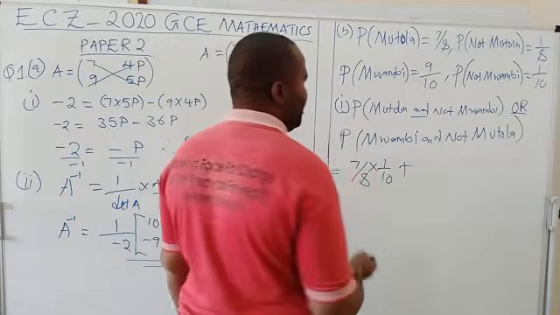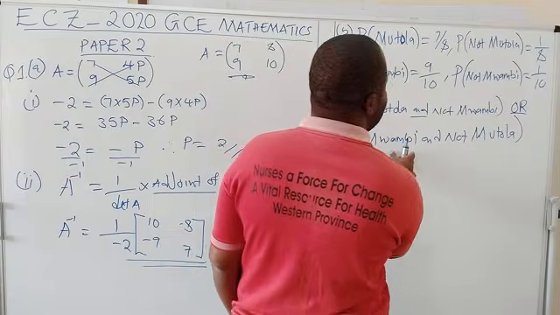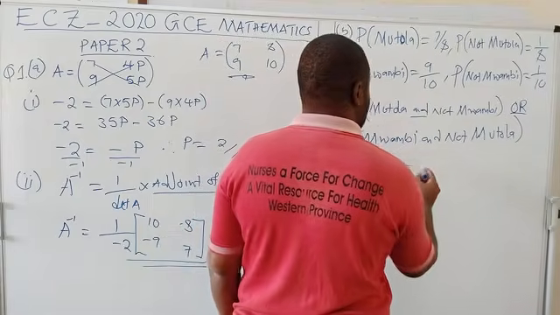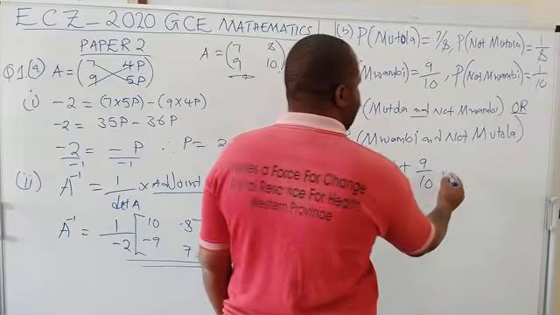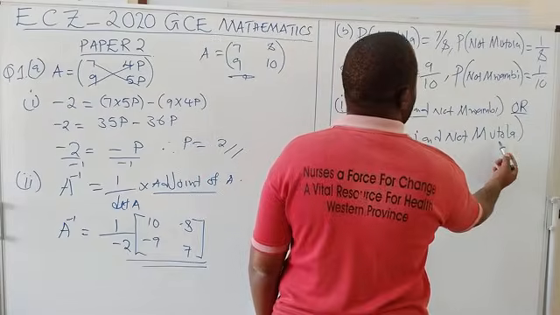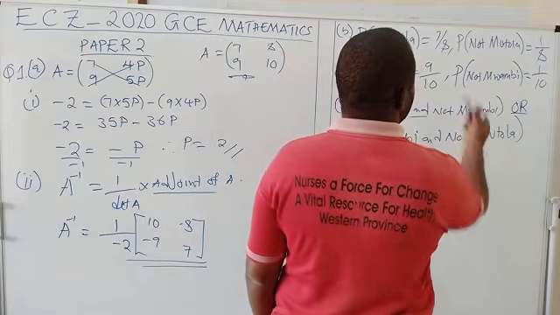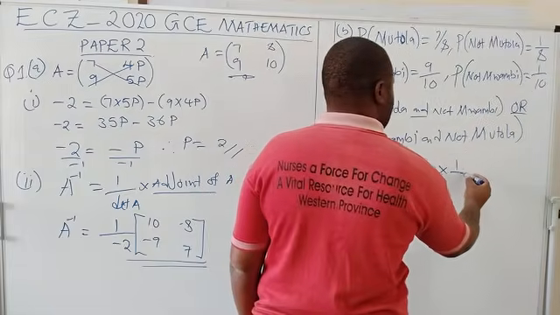So now, for the probability of 1b, what's the probability of 1b? 9 over 10. Alright? By the probability of not Mutola. Not Mutola is 1 over 8. So we say 1 over 8.